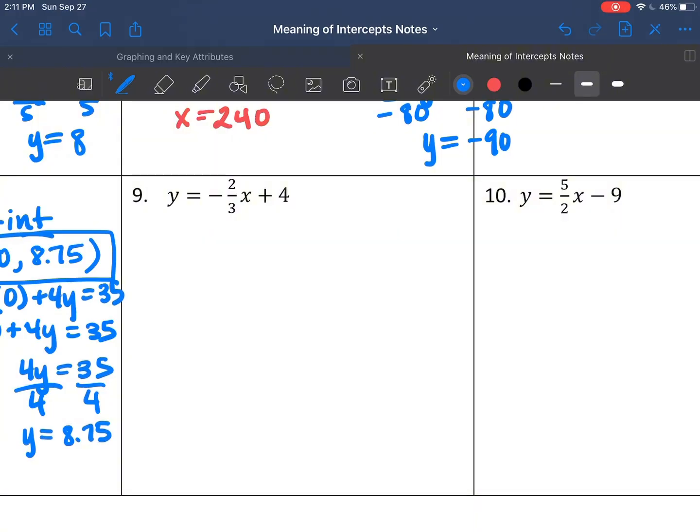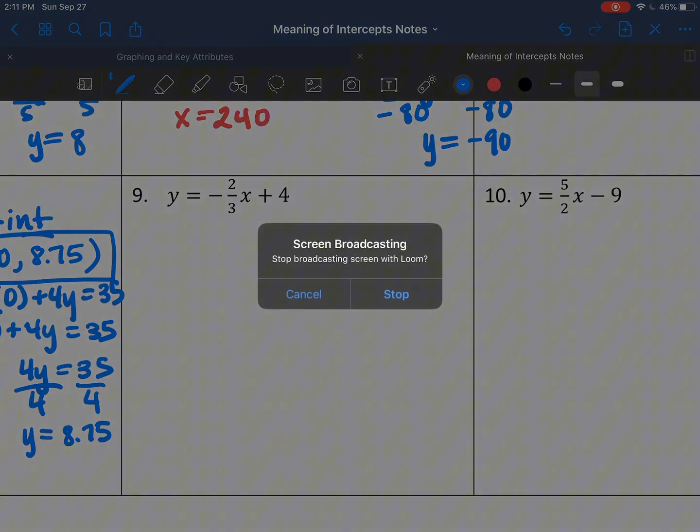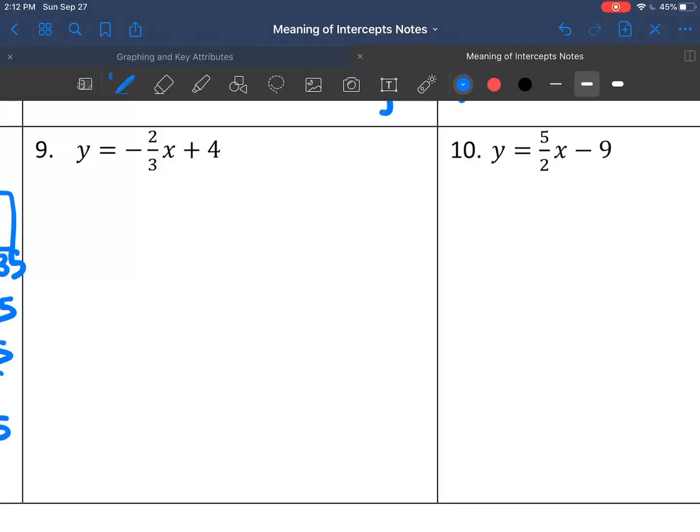All right, so 9 and 10 are not in standard form, but the same method applies. Number 9 and number 10 are in slope-intercept form, so we actually already have the y-intercept. If you were to plug in 0 for x, this x term would go away.